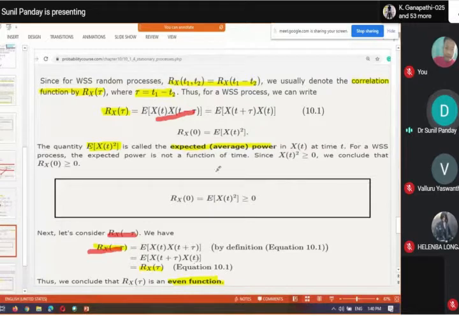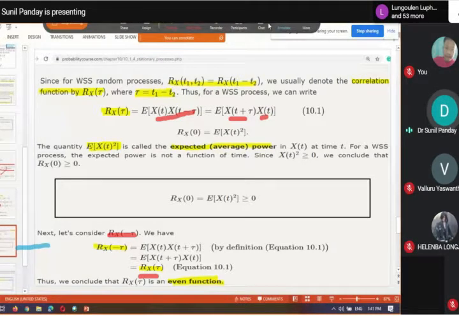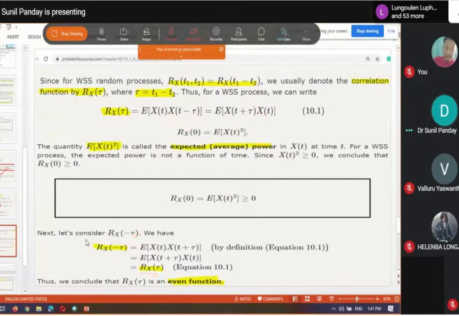And you know that this is actually Rx(tau). So the autocorrelation function for wide sense stationary processes is an even function of tau. So these are the properties of the autocorrelation function for wide sense stationary processes.